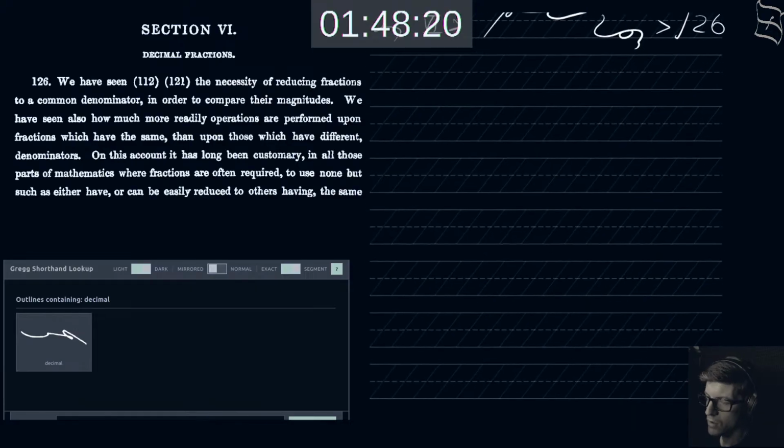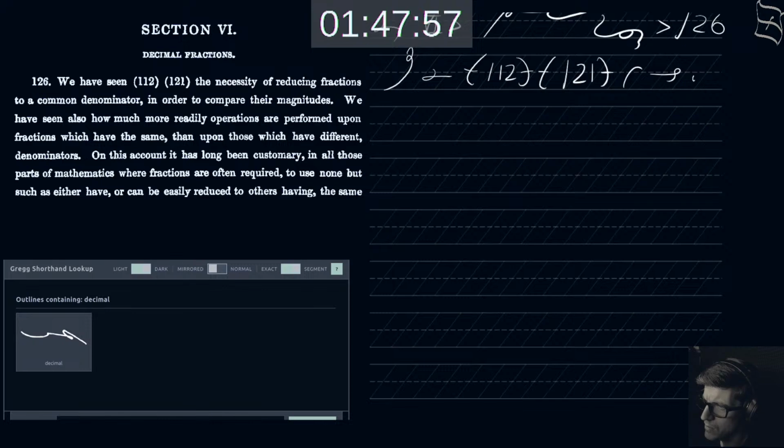We have seen, according to Articles 112 and 121, the necessity of reducing fractions to a common denominator in order to compare their magnitudes.